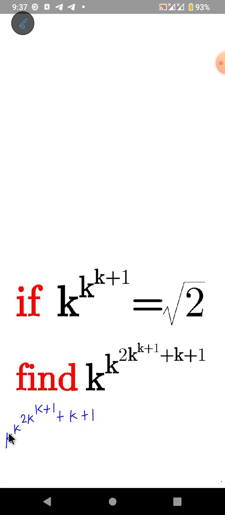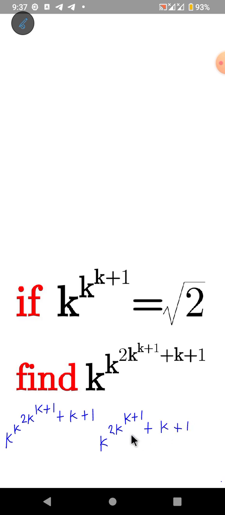My next step now will be to remove this power now from its base. So I'll write k raised to the power of 2k raised to the power of k plus 1, then plus k plus 1.